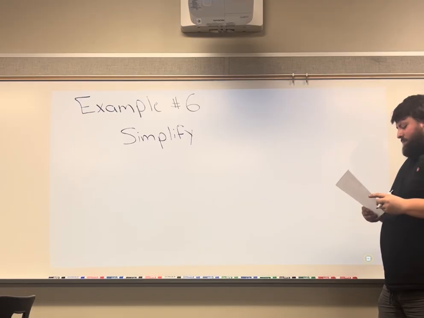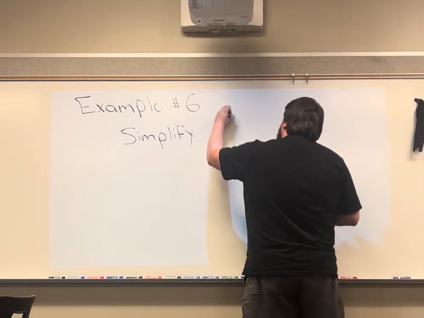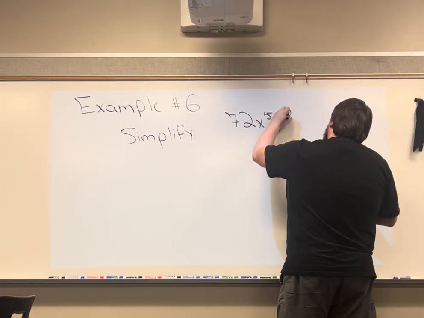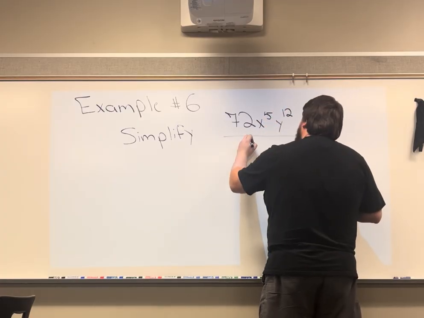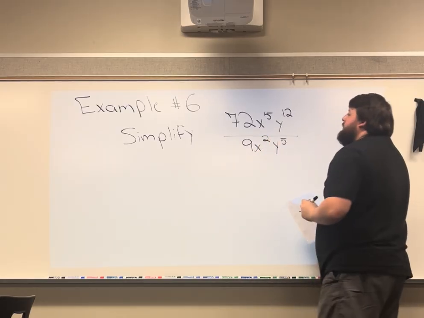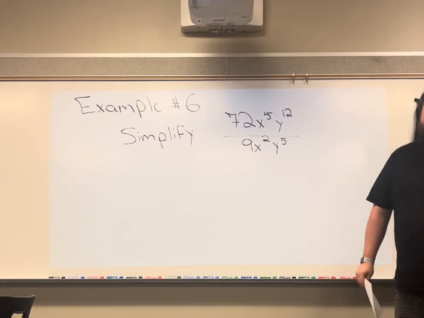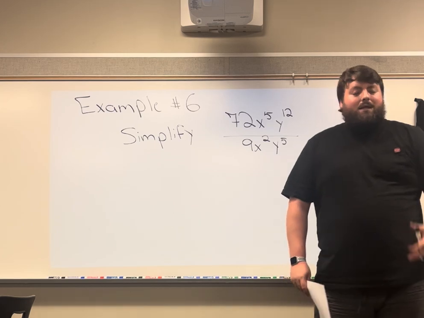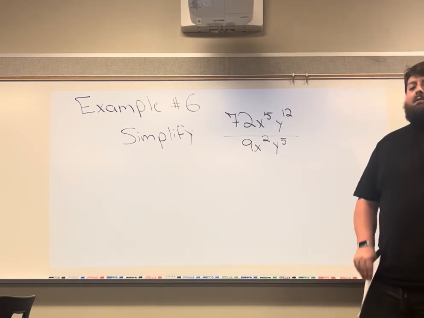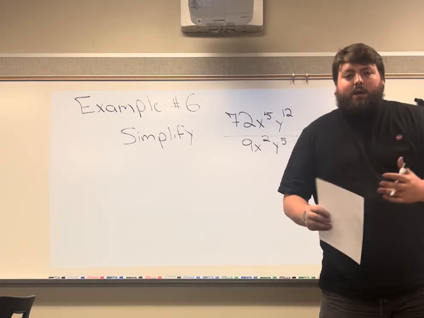So, example 6, I have 72 x to the 5th y to the 12th over 9x squared y to the 5th. It's a lot to say, but once again, not there to intimidate us. We just gotta break it up part by part.